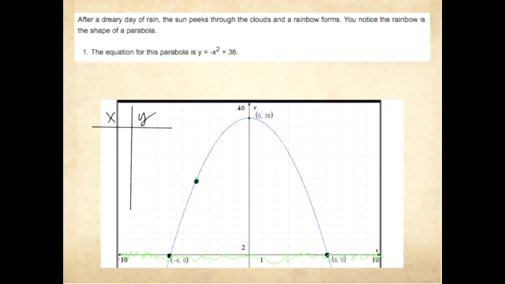So this is 2, 4, 6, 8. Oh, no, I'm sorry. These are ticked off by 1's. 1, 2, 3, 4. Okay. So the x-coordinate is -4, and the y-coordinate would be 2, 4, 6, 8, 10, 12, 14, 16.